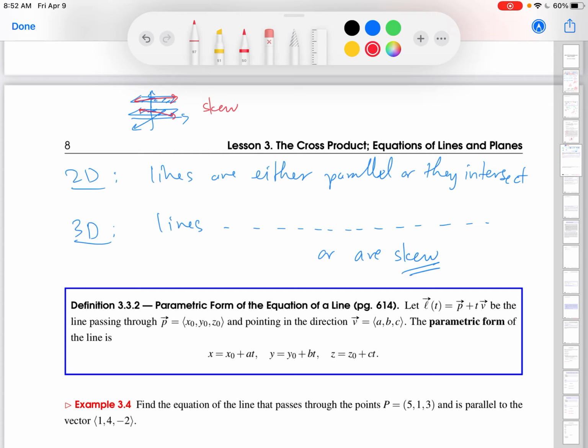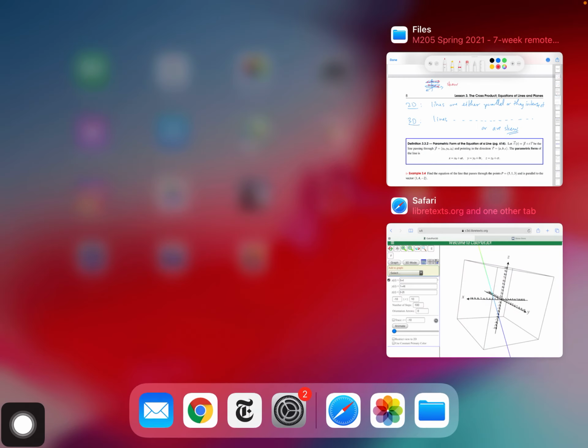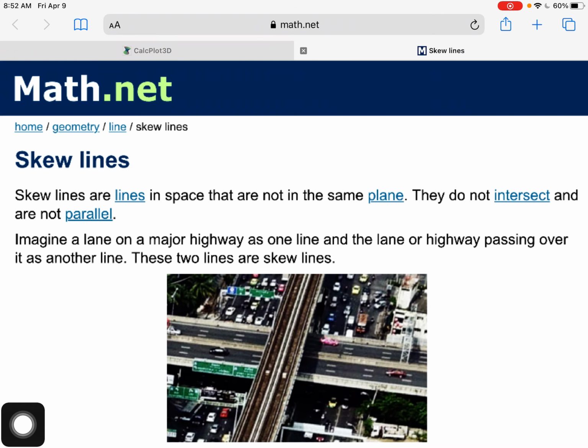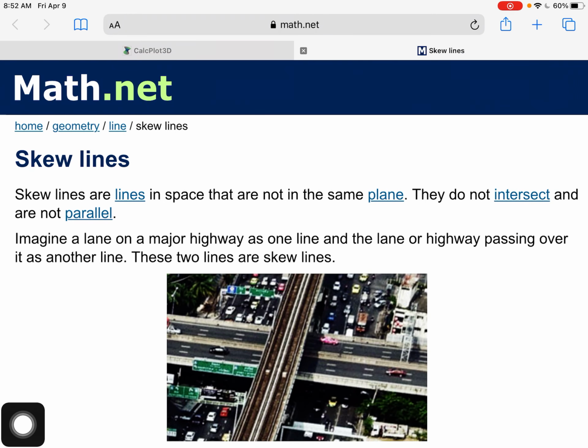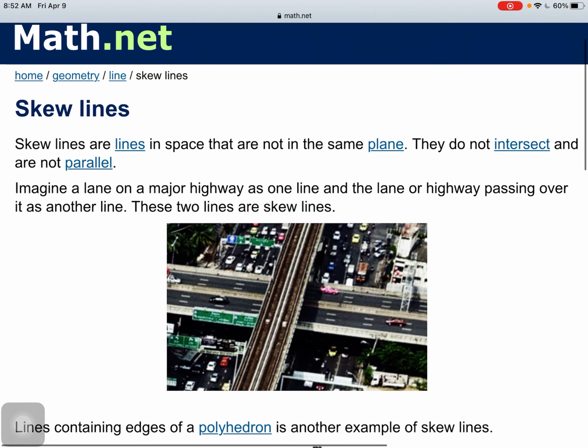And I want to show you a picture because you most likely have a lot of experience with skew lines. Skew lines pop up in lots of places, particularly, so here I am on math.net, in freeways. You can see here that this is an intersection of 2 freeways.